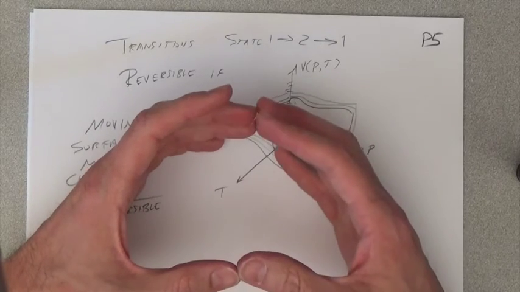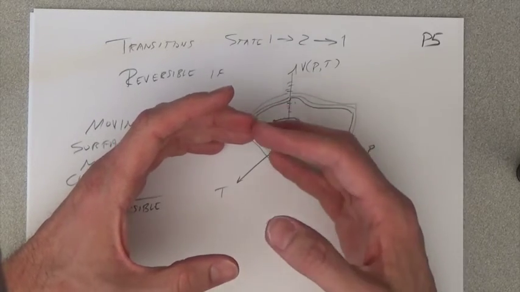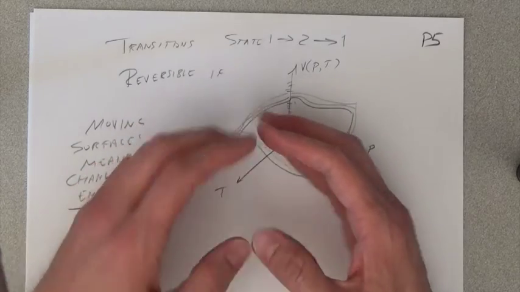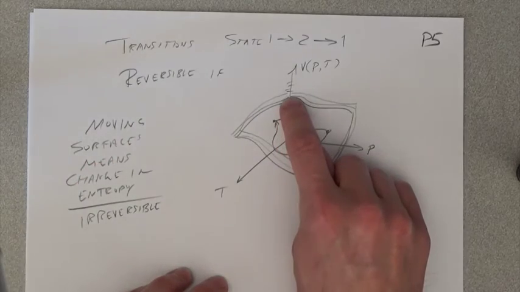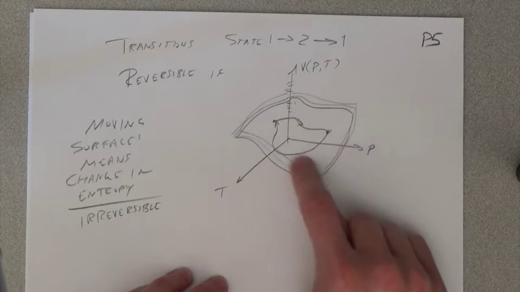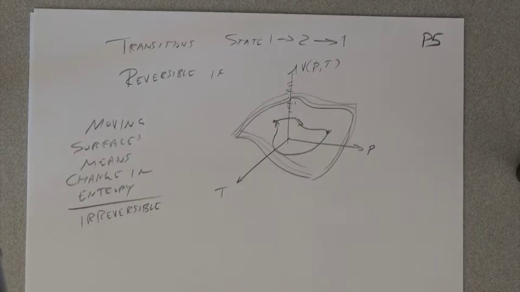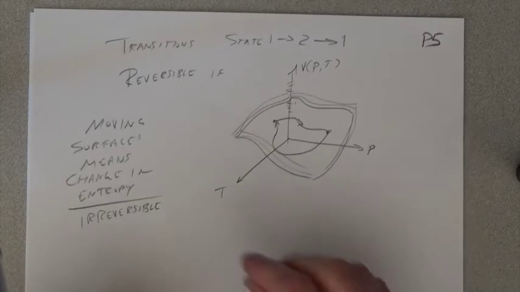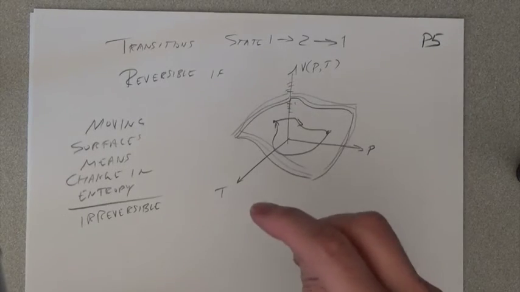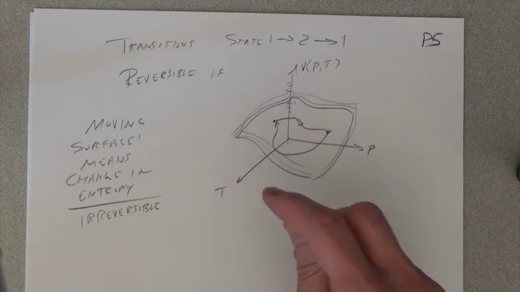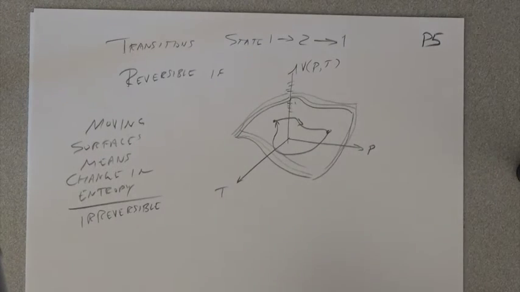Well, that spontaneous occurrence means that there was a change in the entropy, and basically it means that we've changed the surface that we're moving on. And because it's a change in entropy, we can't go back. You can go back if, for example, you can open the system and you can put some work in to fix it. But in a closed system, you can't do that.